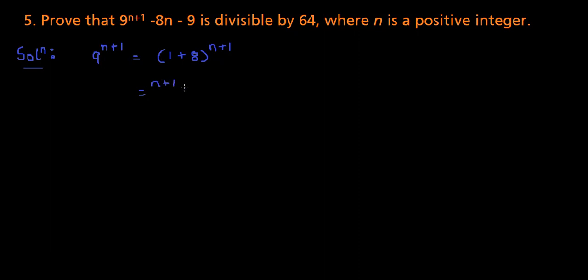We have n plus 1 c0, so we have 1 raised to the power of n plus 1, which is 1, times 8 raised to the power 0, which is 1. The second term will be n plus 1 c1, so this is simply going to be 8 raised to the power of 1. Then we have n plus 1 c2 8 squared plus dot dot, and the last term would be n plus 1 c n plus 1 8 raised to the power of n plus 1.